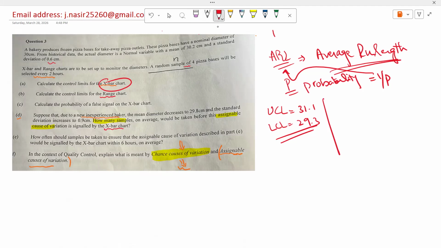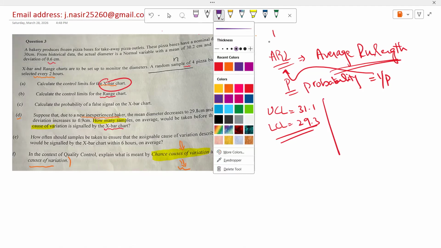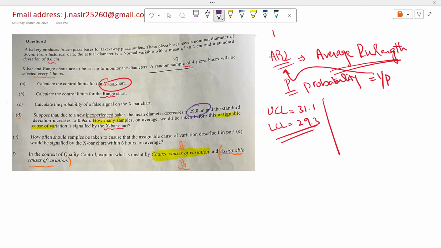And how will I find my z-score? My new mean is 29.8, right? My UCL minus 29.8 divided by the standard error. Now, how would I find my standard error? Standard deviation divided by root n.